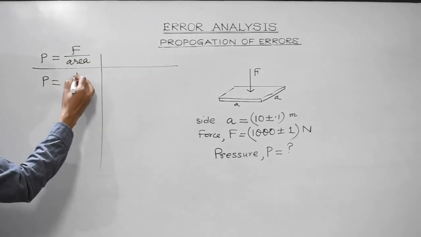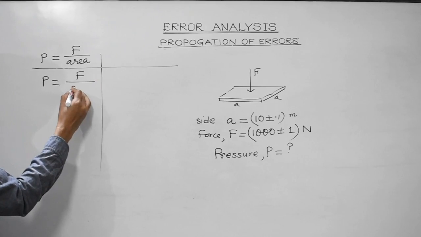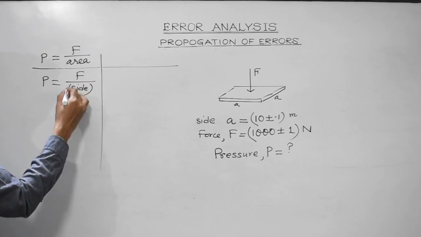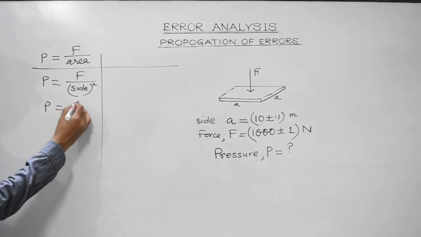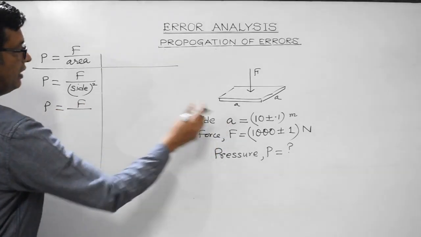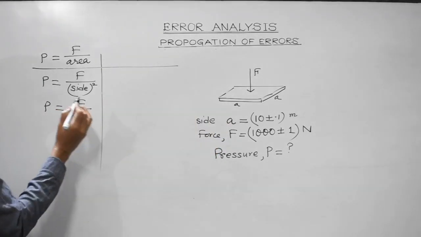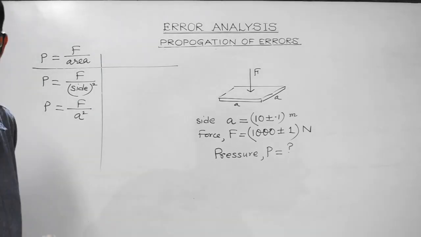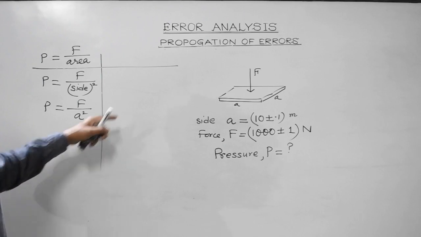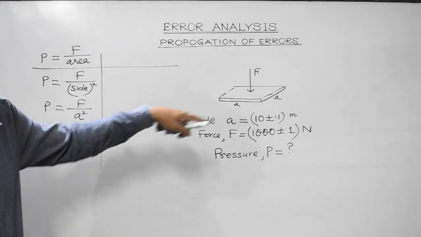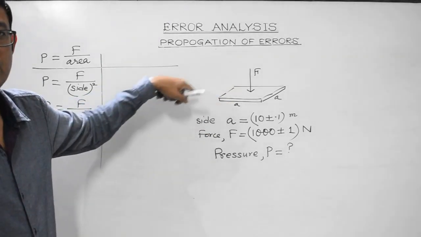Here area is not given, but area of a square plate is side square. This is the formula. So P is equal to F divided by A square. Am I clear, students? Pressure is equal to force divided by area. Area is square of the side. In this case, the area under consideration is of square shape.